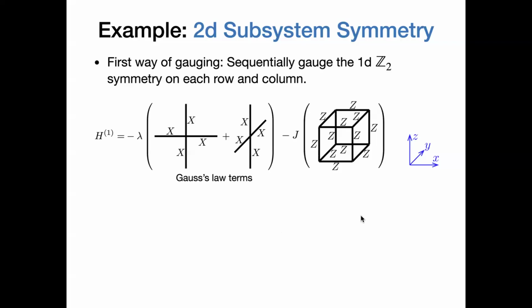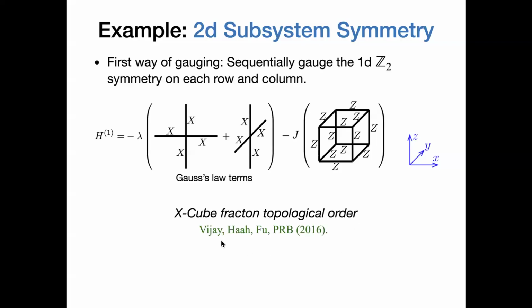And this Hamiltonian actually realizes the famous X-cube fractal topological order, first introduced in this paper. I need to say that in the original X-cube model, there's actually another stabilizer, which is the 4X term in the xy plane.